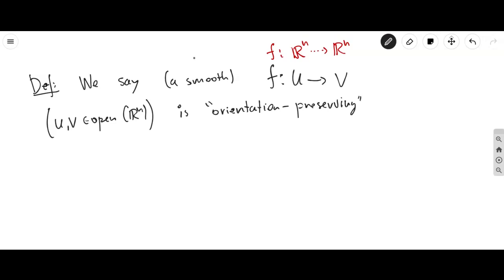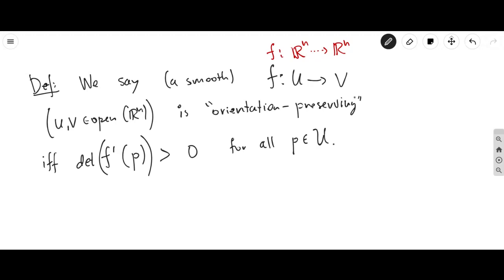So this is the natural generalization of the previous one, if and only if the derivative at every point is positive. Now, what do we mean by positive? What we really mean is the determinant, because you get the Jacobian matrix, is positive for all points. Of course, if F is a linear map, then the derivative at each point would just be the linear map itself at that point.